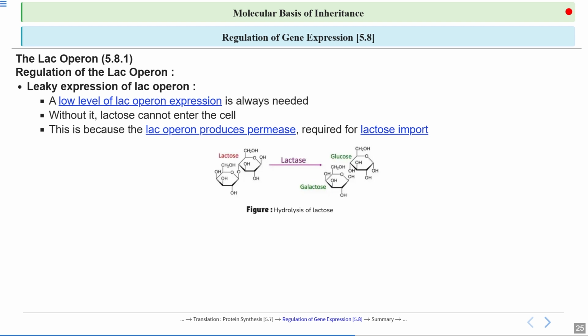Without it, lactose cannot enter the cell. This is because the lac operon produces permeases, which are required for lactose import. So what you can understand from this slide is that there is always a leaky expression of the lac operon. And we have studied that permeases make the cell more permeable for lactose import.